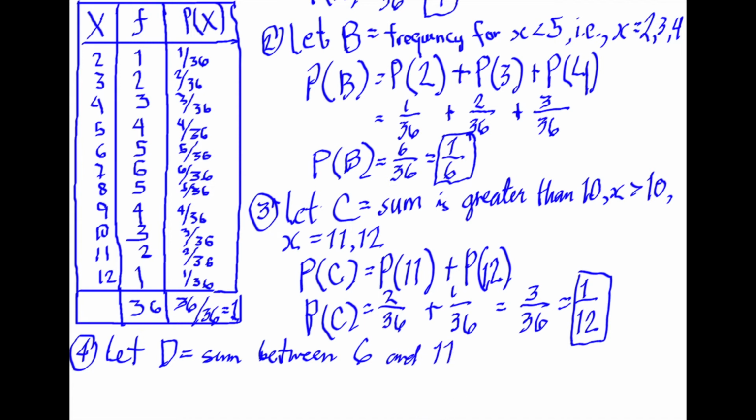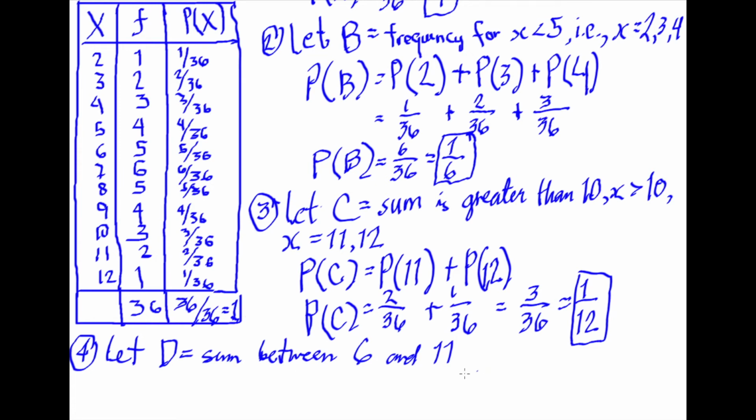Since it's between 6 and 11, this is not inclusive, meaning we just need to consider all the numbers between 6 and 11. So if this is 6 here and we have 11 here, what we're going to input is 7, 8, 9, 10.